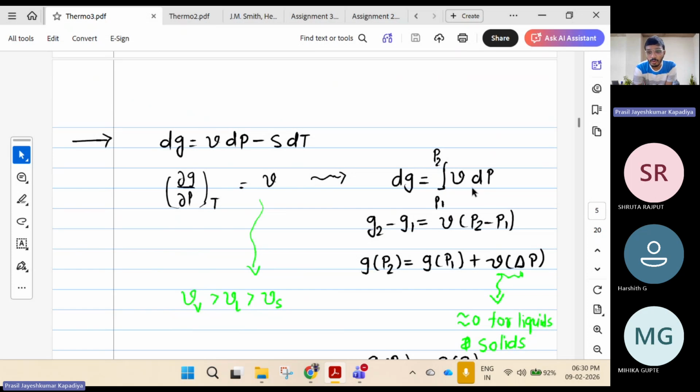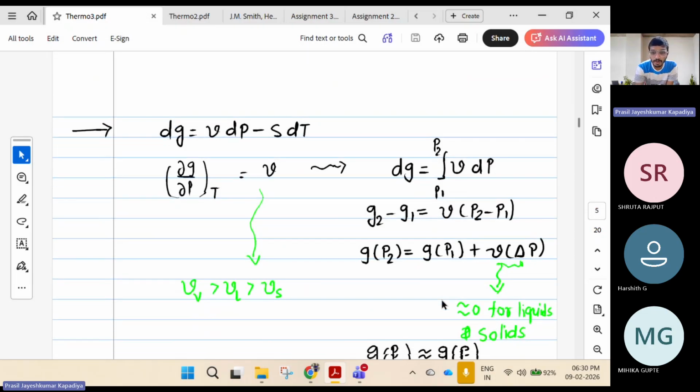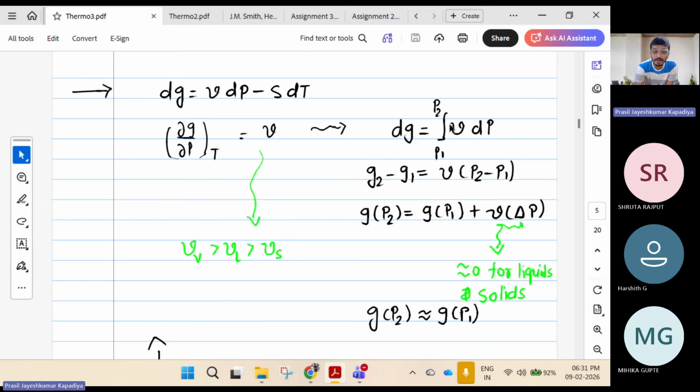Now, this is the same thing that we are again looking at, which we derived. Let's say V is not directly a function of pressure, so we cannot write that V is RT by P. We are just writing a general statement that delta G, G2 minus G1, is nothing but V into P2 minus P1.